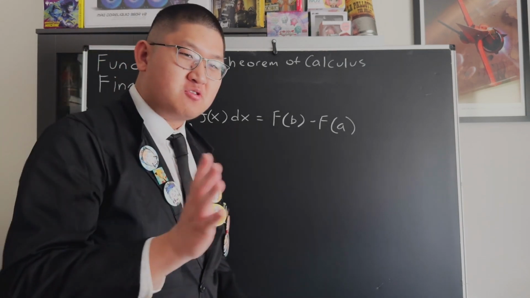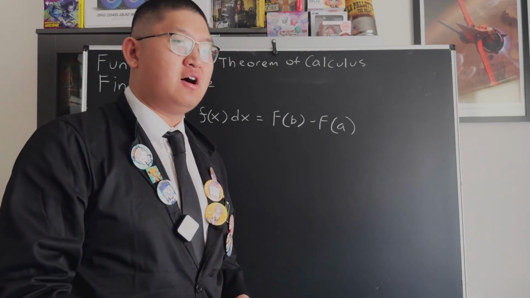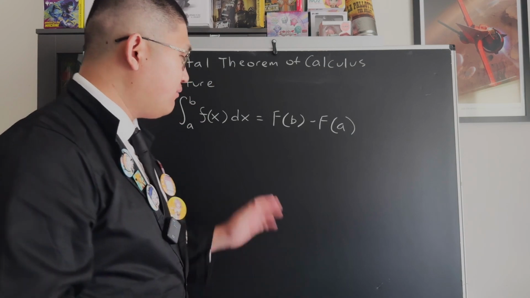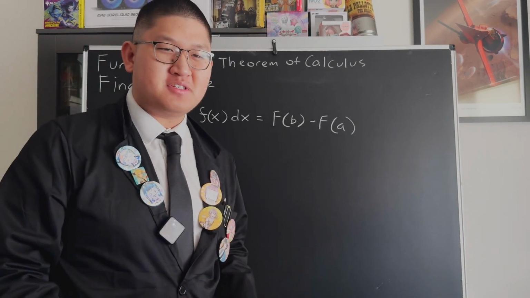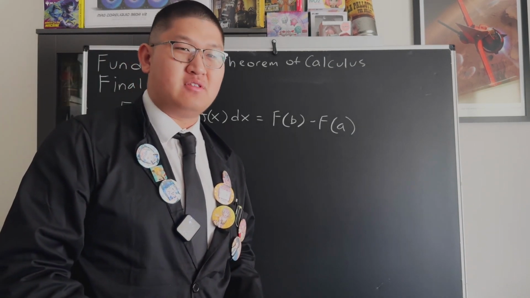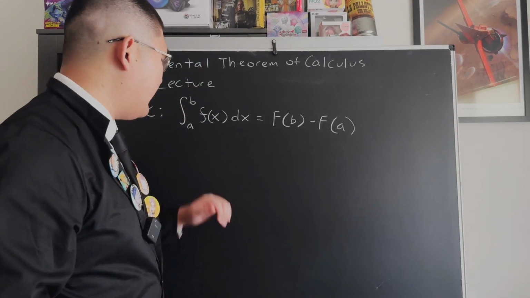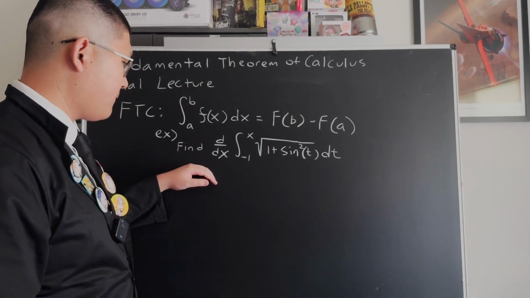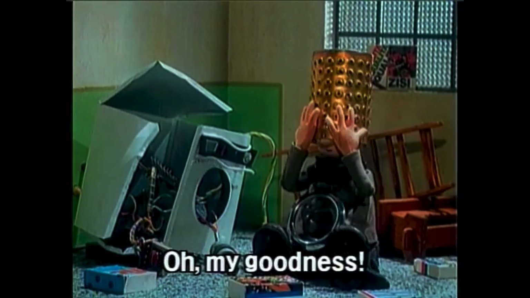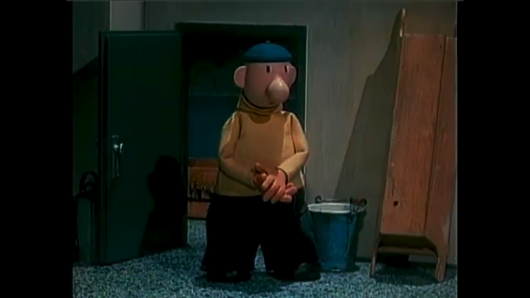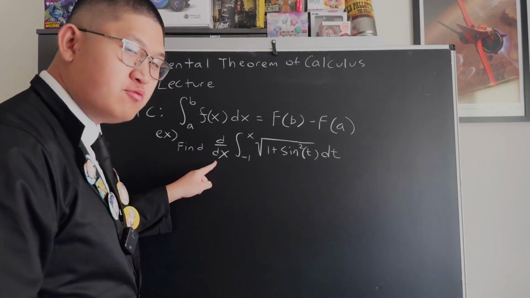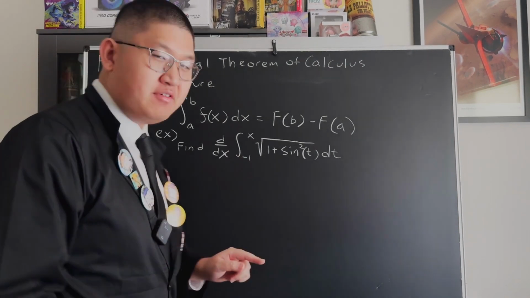We have certain problems that will arise on the AP exam, in which I'm sure if we did not talk about it explicitly, a lot of students would have no idea what to do next. And that will look just like this. Whoa, my goodness! We have a derivative outside of an integral.